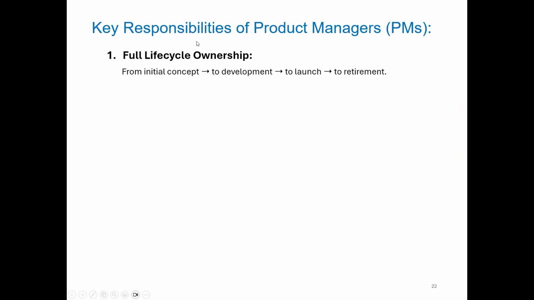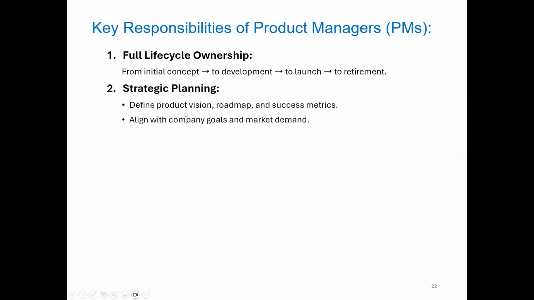Let's review the key responsibilities of product managers. First, full life cycle ownership, from initial concept to development, to launch, to retirement. So they have ownership of the life cycle. Strategic planning: define the product vision, roadmap, and success metrics, and align with company goals and market demand.